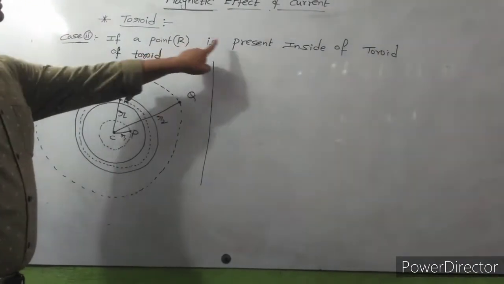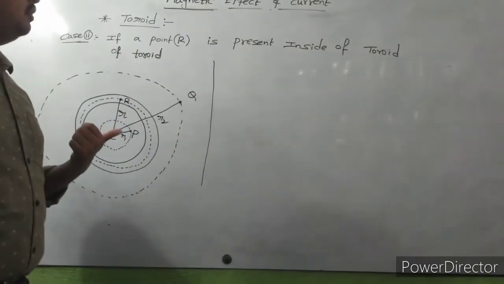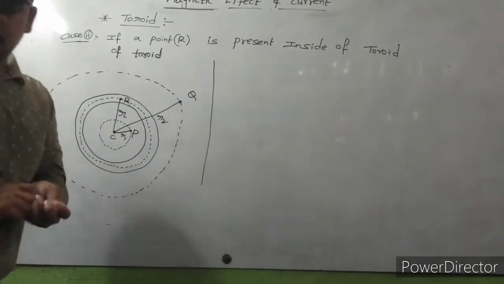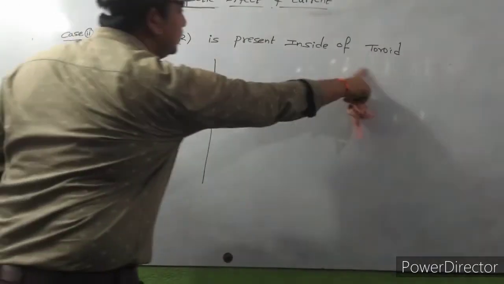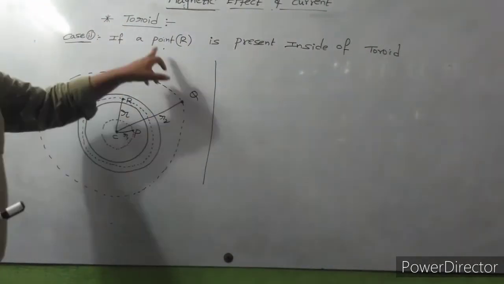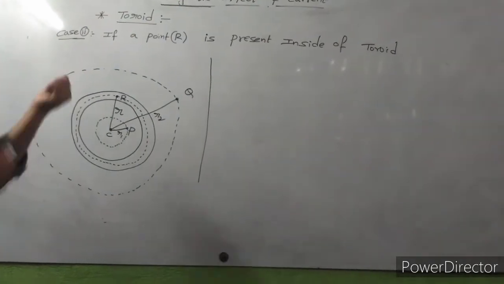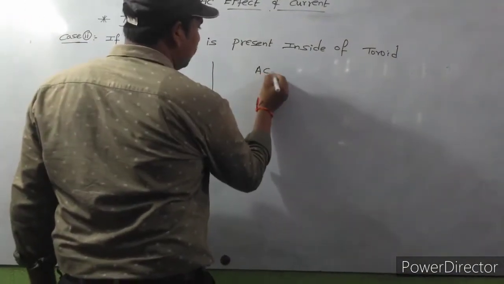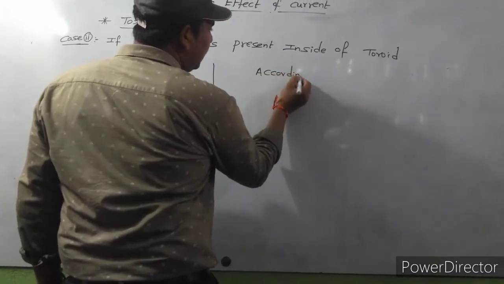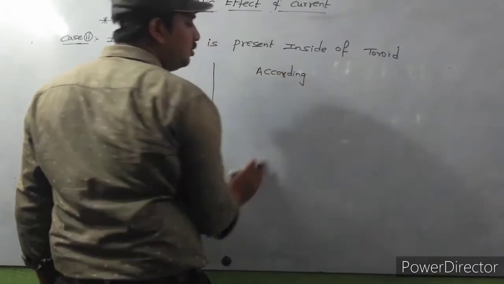If a point R is present inside of the toroid, observe carefully. So here is R. Then how do we find the magnetic field?